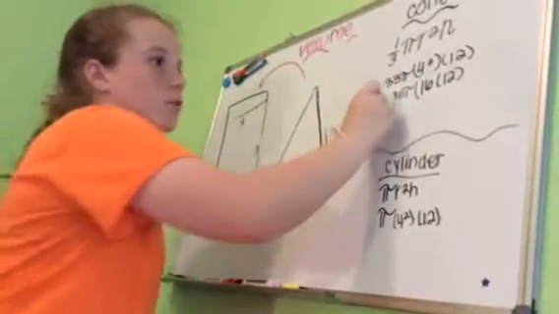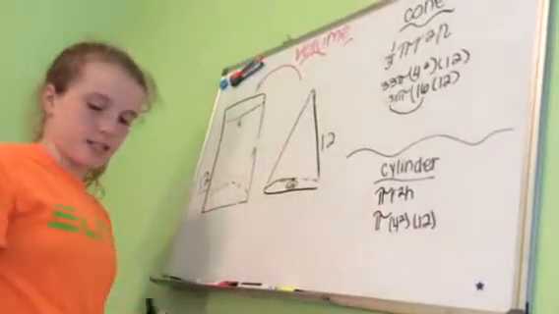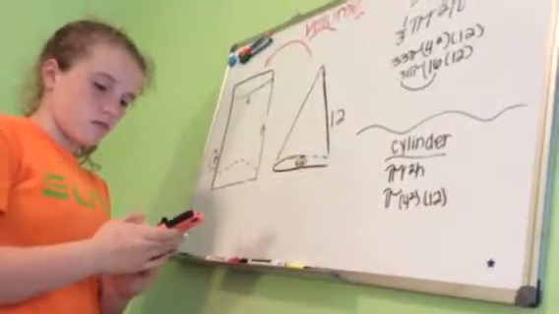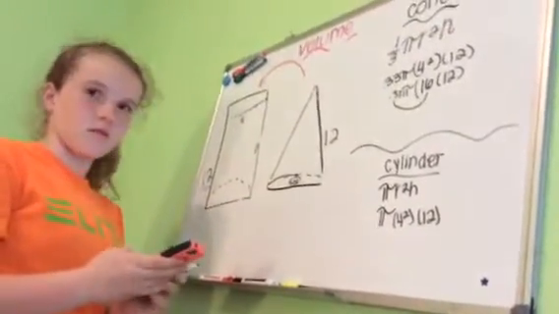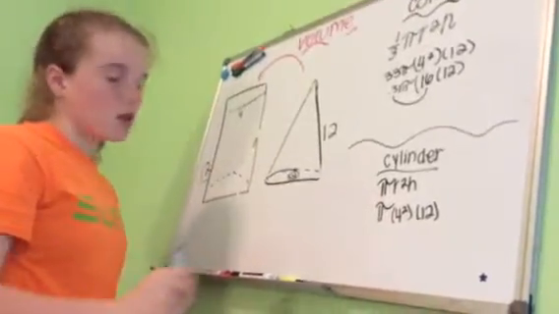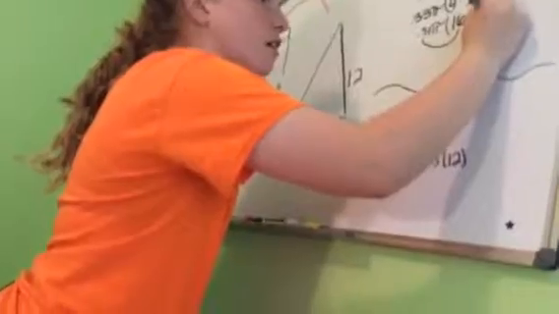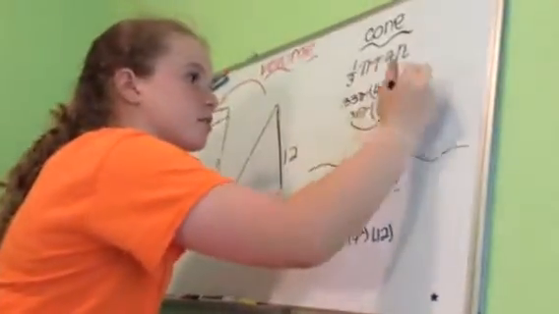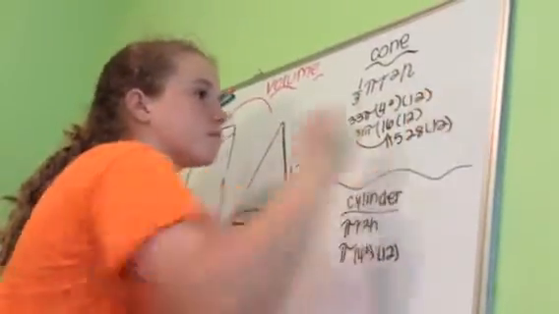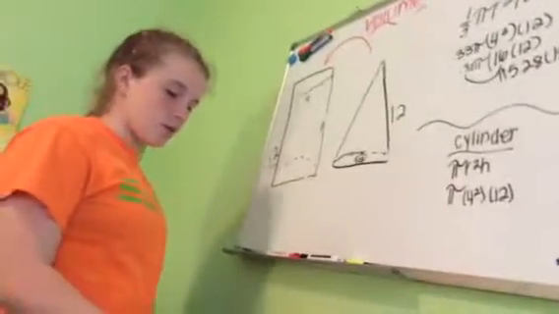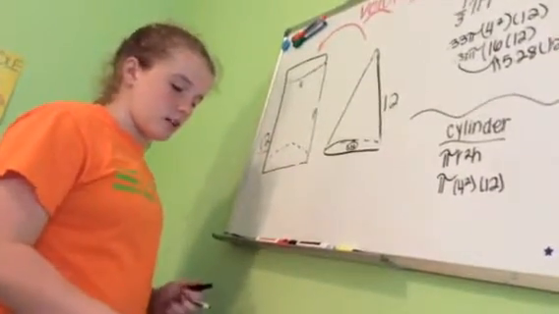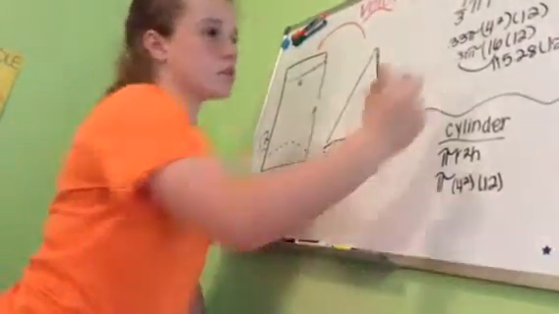And we're going to take the 0.33 and multiply it by 16, which equals 5.28. And we still have the pi with us and the 12. And now we're going to do the 5.28 times the 12, which is 63.36.